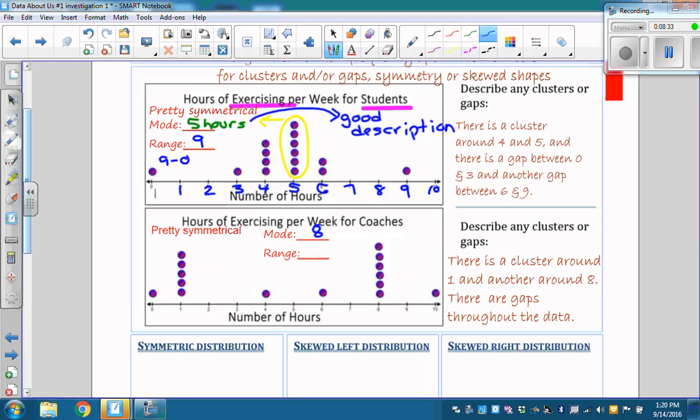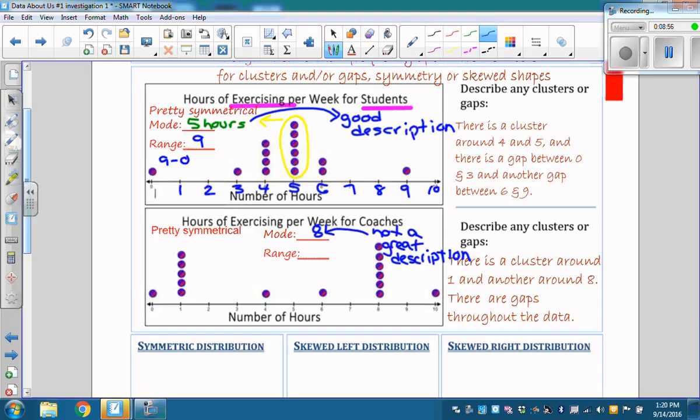And this mode is not a great description. And that's one of the questions that you have to answer sometimes. Sometimes the mode's useful, sometimes it's not.